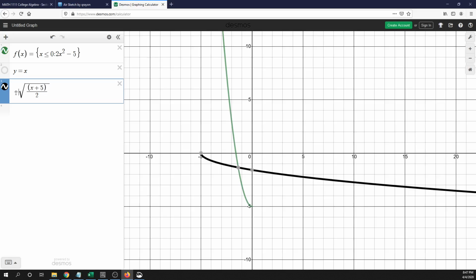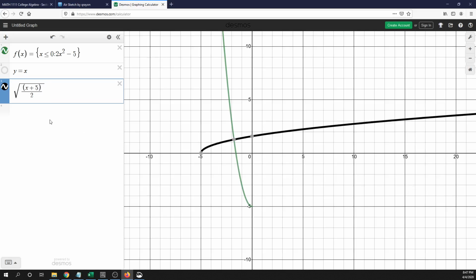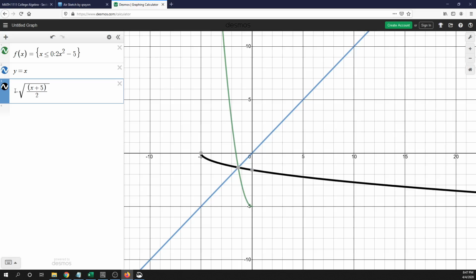You can see without the minus, it just doesn't look right. Those two graphs are not symmetric about the line y equals x. If I printed this out and folded it along the blue line, the black and the green graph would not line up at all. So in that case, we would have had to pick the minus. And you can see if we pick the minus one, then that gives us the correct inverse, okay?